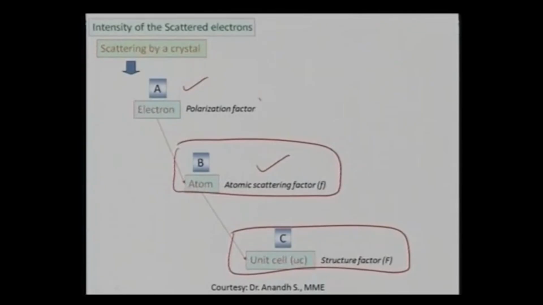So the structure factor is dependent on the many atoms which constitute a particular unit cell. This is how my intensity basically varies.